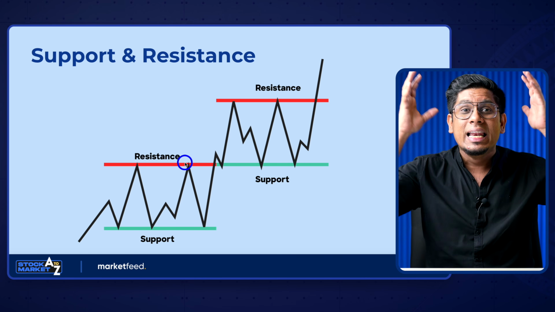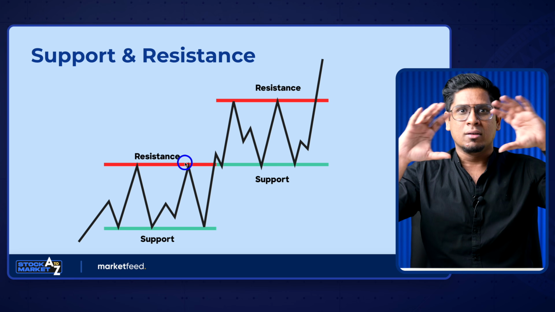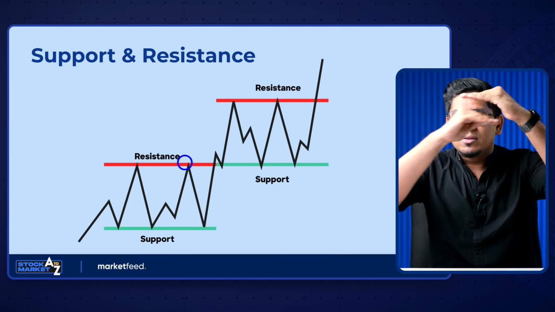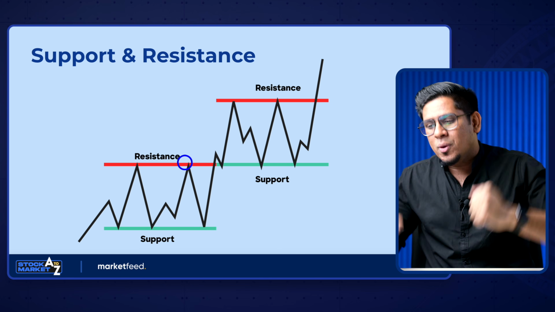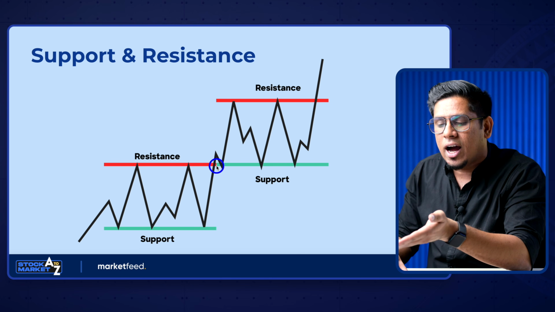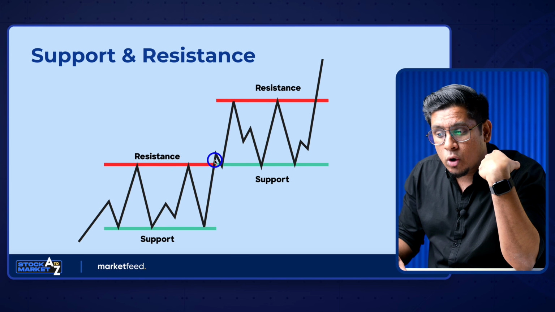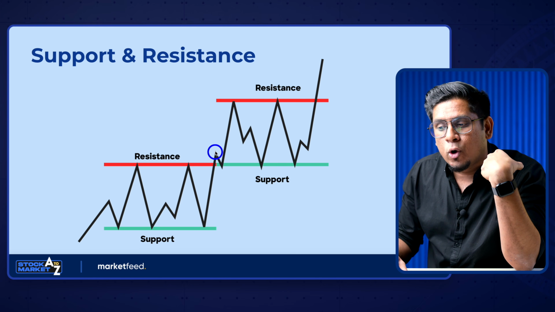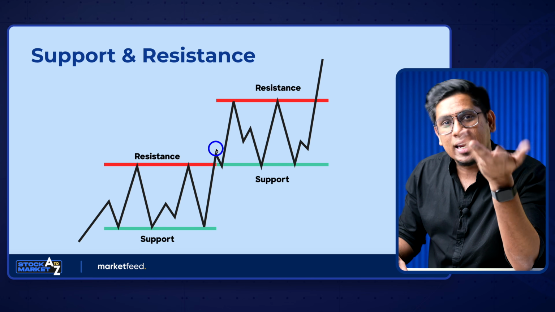What is resistance? Literally, what does resistance mean? It is difficult to beat that, right? Stock moving up, facing the resistance, coming down. But when you observe this chart, you can see that the next time the stock moved up from the support, it actually broke this resistance. It can also happen.